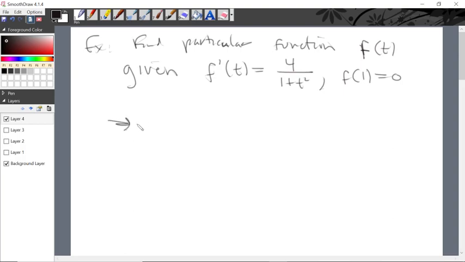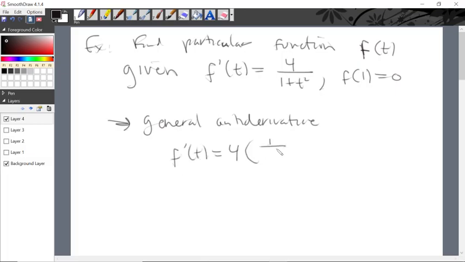First, let's find the general antiderivative function. Well, f prime of t can be rewritten as 4 times 1 over 1 plus t squared, like we had seen previously. Well, then the antiderivative of that, that's just f of t, right, where I remove the derivative, okay, f of t is 4 times the antiderivative of 1 over 1 plus t squared.